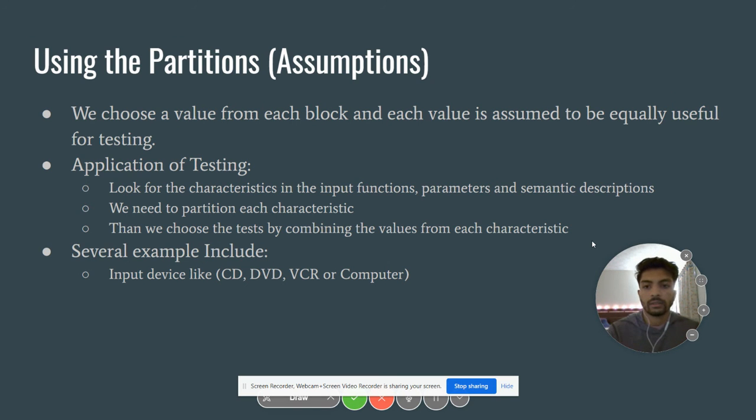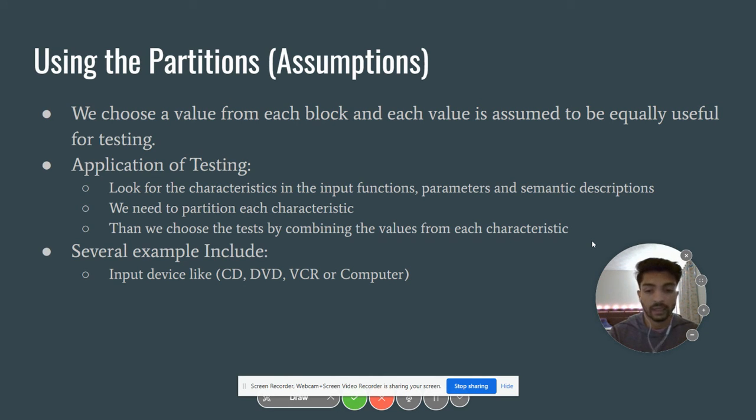Under the partitions assumption, we choose values from each block, and each value is assumed to be equally useful for testing. Applying this to testing means looking into the characteristics of the input functions, parameters, and semantic descriptions. We need to partition each characteristic, then we can choose tests by combining values from each characteristic.